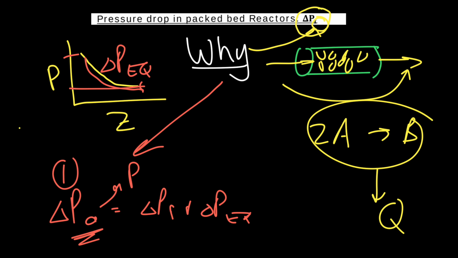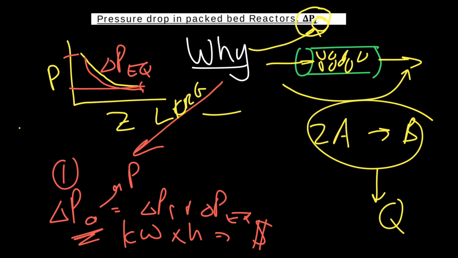And of course that determines the kilowatt rating of the motors that we must buy, and in the end, if we have the amount of hours that my reactor operates, that contributes to the operating cost of my system. So that's one reason why it's important, and that is equally true whether I have a liquid or a gas that flows through my reactor.